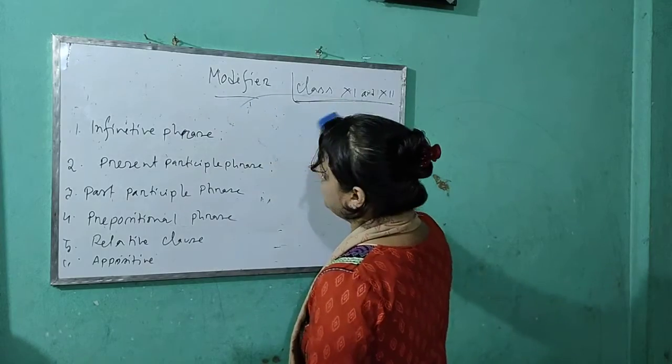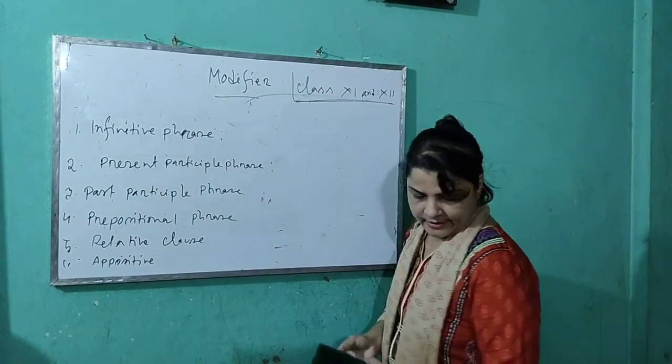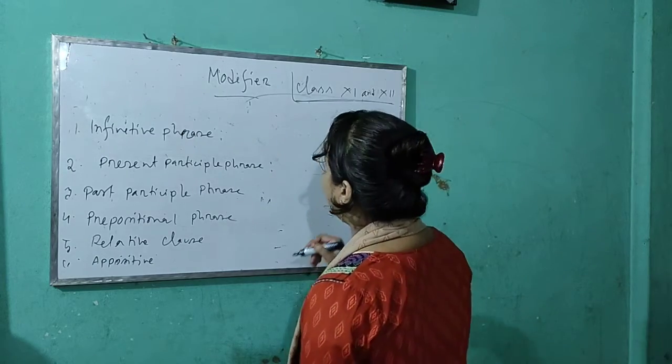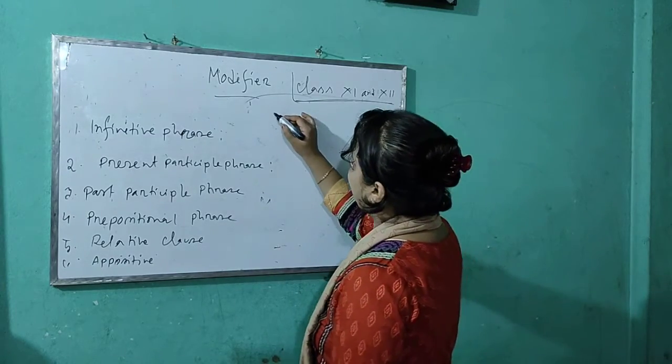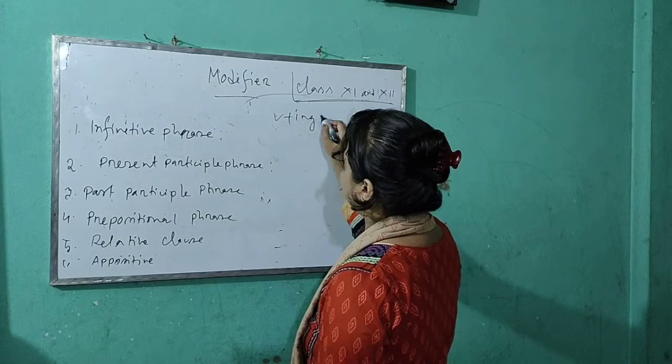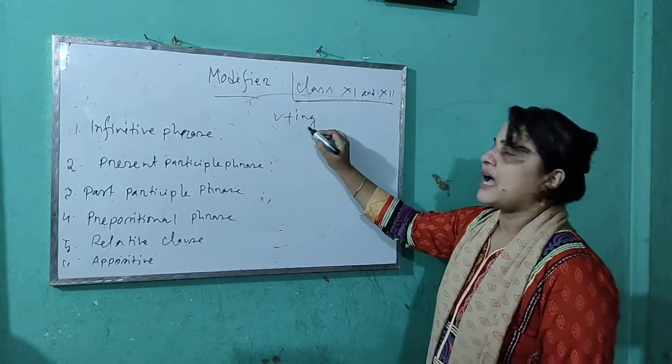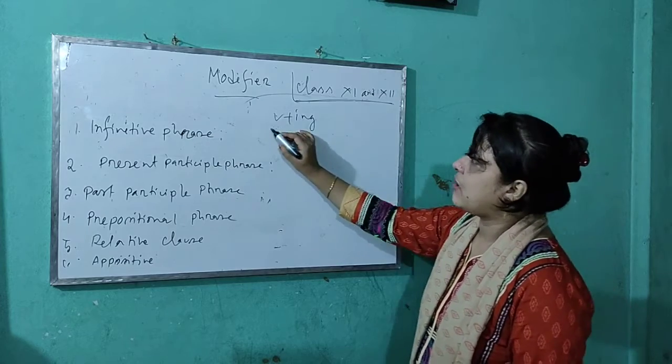Now let us move to another thing, present participle phrase. We know what a participle is. Participle is verb plus ing. So with the present form of the verb, you use the ing form. This is called participle.